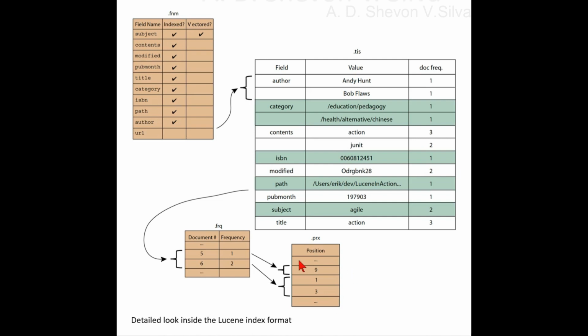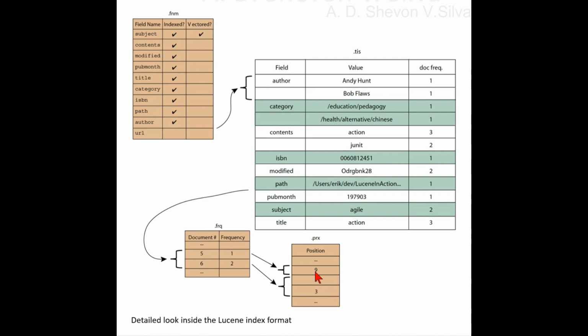This figure shows three positions for each occurrence of the term JUnit. The first occurrence is in document 5 at position 9. In the case of document 5, the field value after analysis is: ant, action, Apache, Jakarta, ant, build, tool, Java, doc, development, JUnit, Eric, Hatcher, Steve, Loughran.